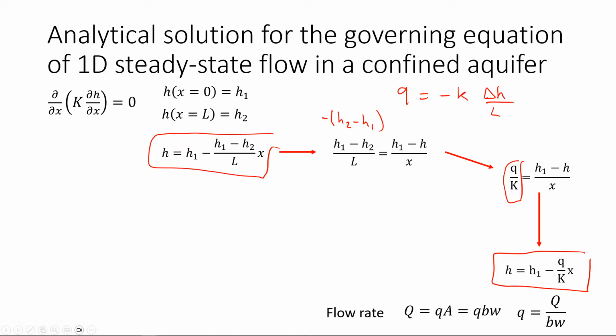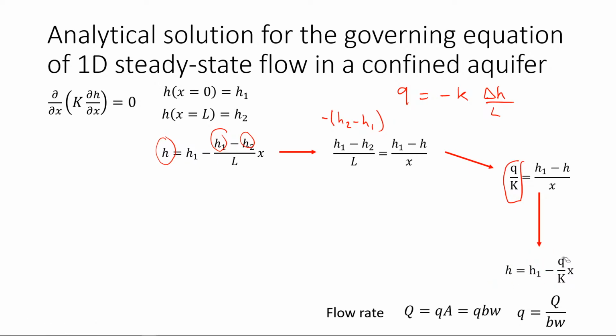Here I know boundary condition 1 and boundary condition 2, and then I can solve for h. In this form, I know my q and boundary condition 1, so I can solve for h. If two boundary conditions h1 and h2 are defined, you can solve for h. In this form, q is defined and boundary condition 1 is defined, so I can solve for h.